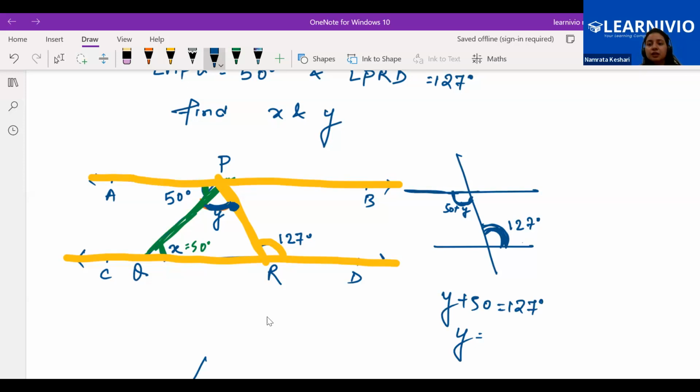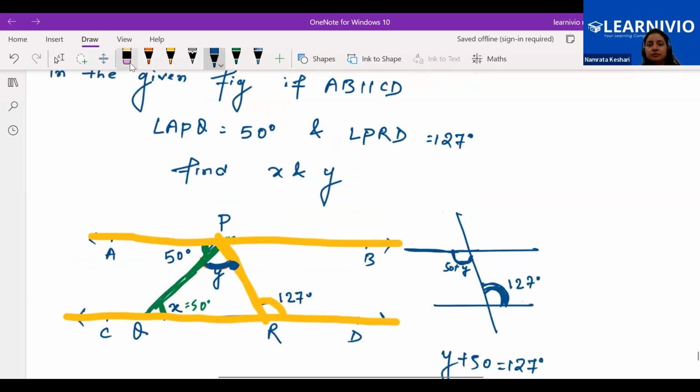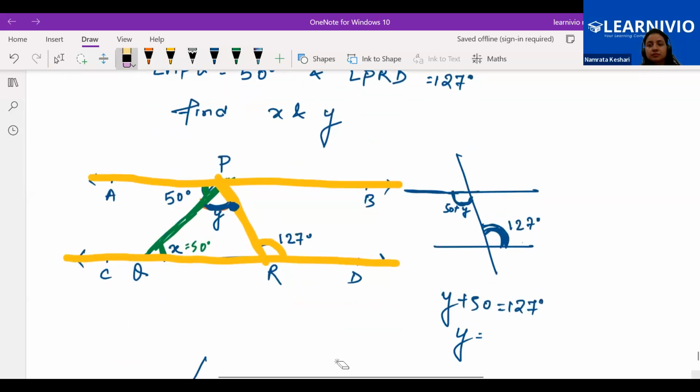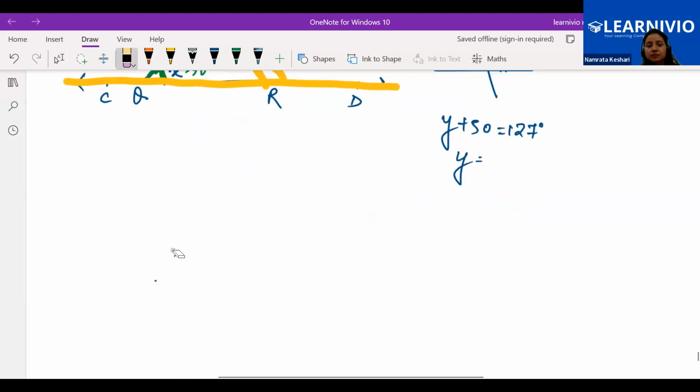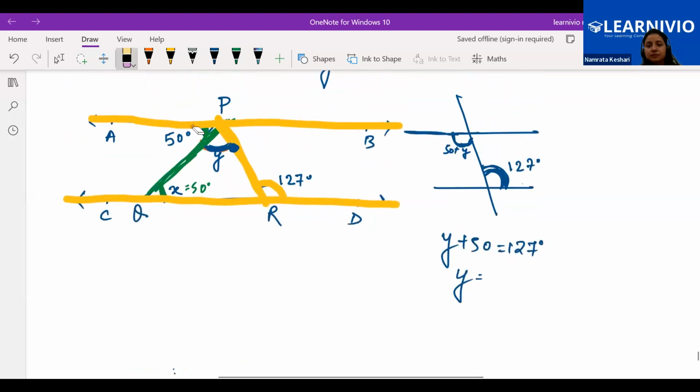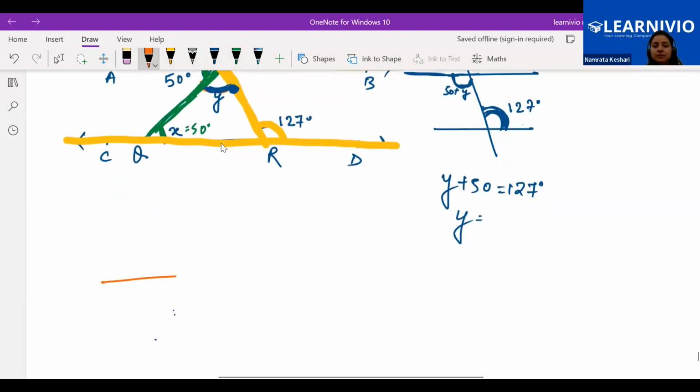Do it. Yes. Let's do it. When we are having two lines, okay, let me write it over here only.